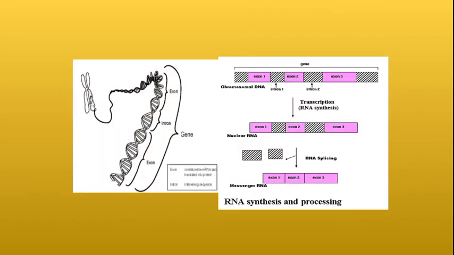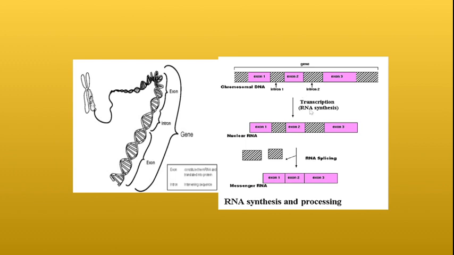Now, let's take a closer look here, because you know me, I am all about pictures. Pictures help us so much. So here, you have your chromosomal DNA, and you have exon 1, exon 2, and exon 3. And we have these introns inserted within them, because this is one gene as a whole.